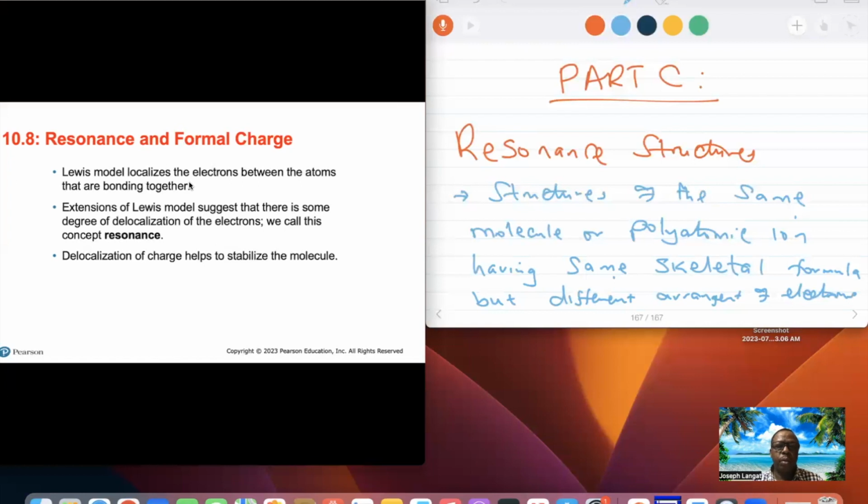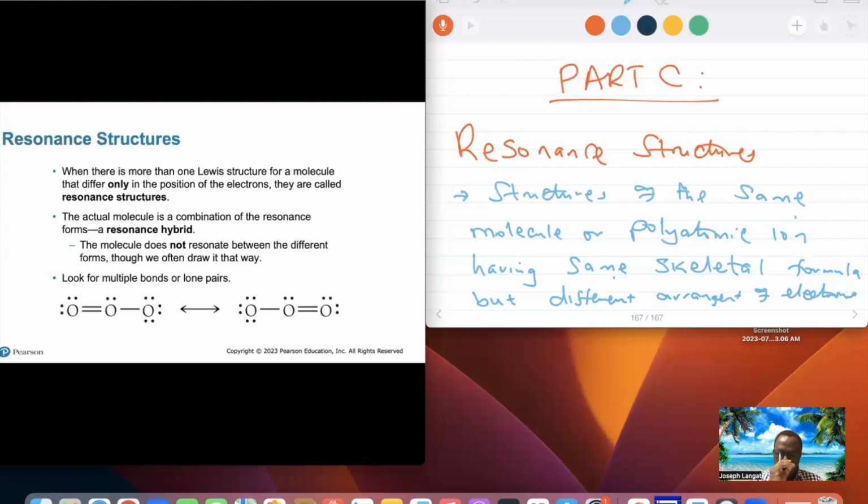The Lewis model localizes electrons between atoms that are bonding. An extension of this is that there is some degree of delocalization of electrons. We call this concept resonance. An example is sulfur dioxide, or even ozone: the double bond can be on this end or on this end.